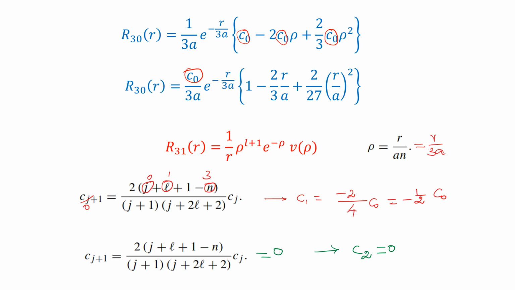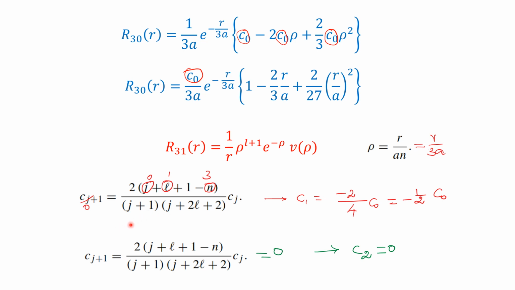So 0 plus 1 plus 1 will be 2, and 2 minus 3 is minus 1. So for C1, the numerator is minus 2.